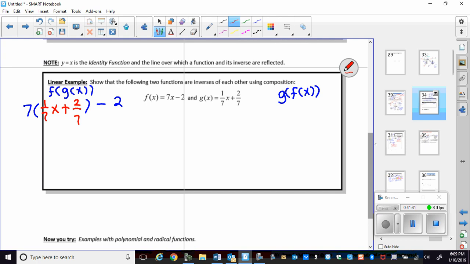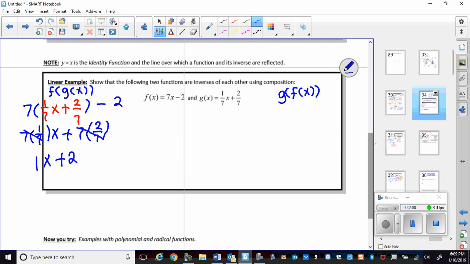So when I do this, this becomes 7 times 1/7, or just 1, plus 7 times 2/7. And I get these canceling. I get 1x plus, those 7's cancel, 2. 1x plus 2.